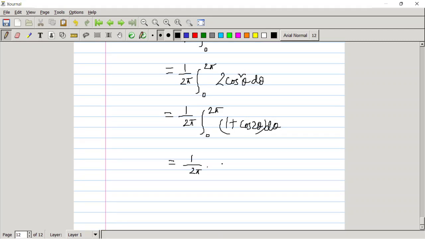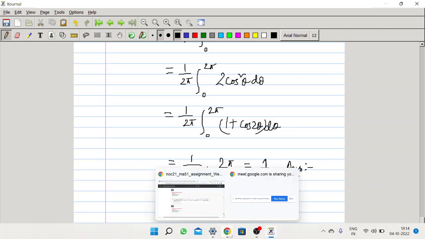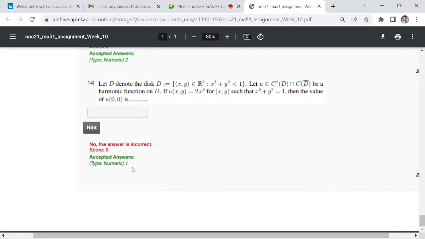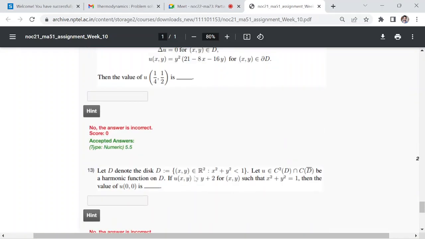Into 2 pi, so it is 1. Yes, the answer is 1. So this is the end of the questions.